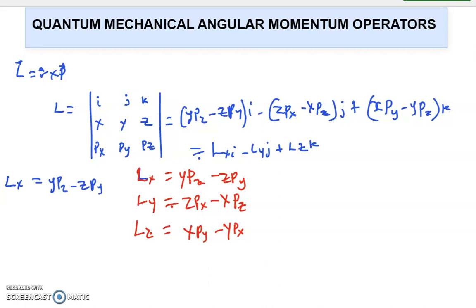We have encountered this type of operator before, and we can now say that L is equal to Lx, Ly, Lz in terms of vector. We can rewrite this in terms of vector. So basically, what I want to clarify in this video is to show you that the components of angular momentum in position space do not commute.